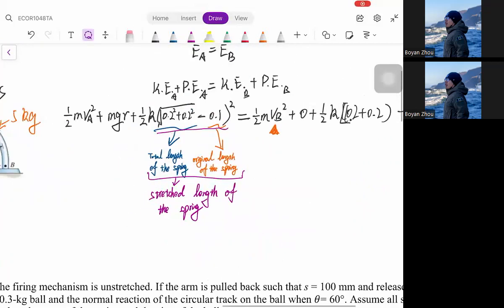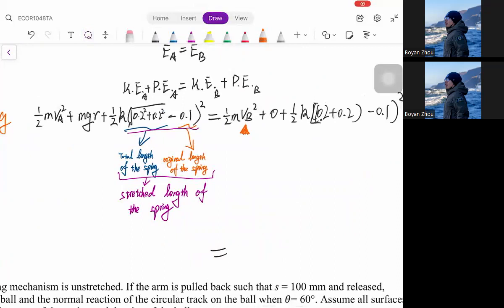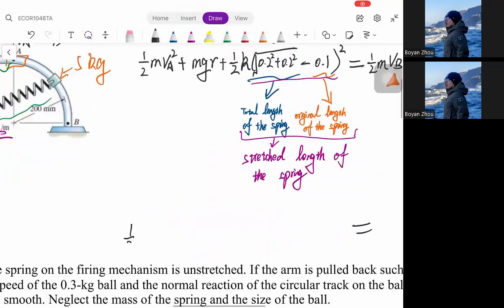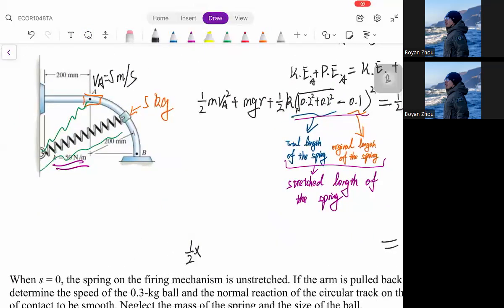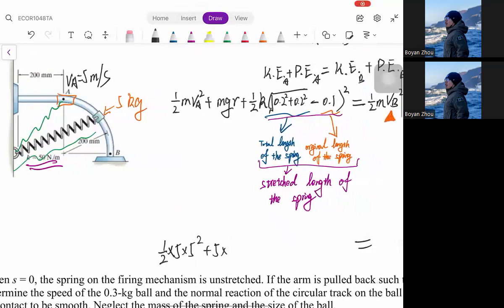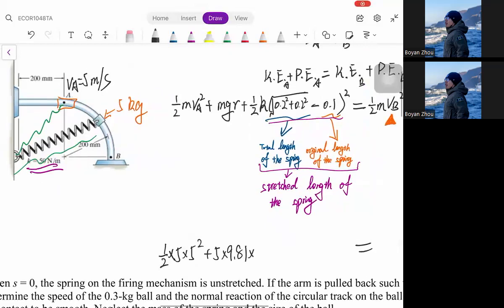So as long as you can build up this energy balance equation, everything left will be just the mass, looking for VB. So now I'm just going to plug the numbers into the equation. Half mVA squared, mass is 5 kilograms, and the velocity is 5 meters per second, plus the mass 5 times the gravitational acceleration 9.81 times the height.